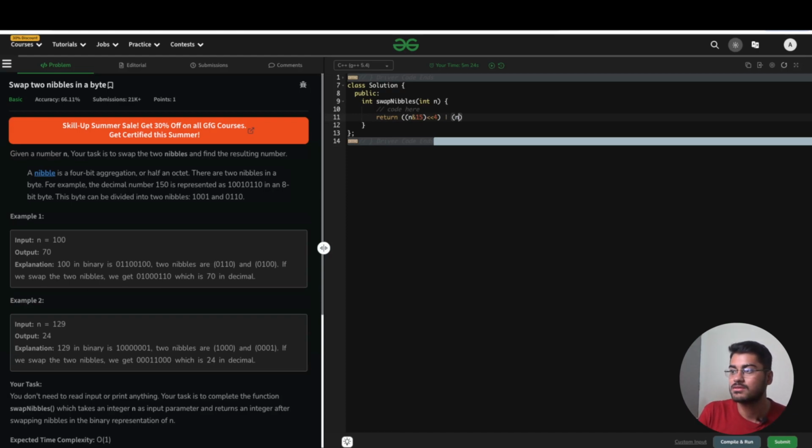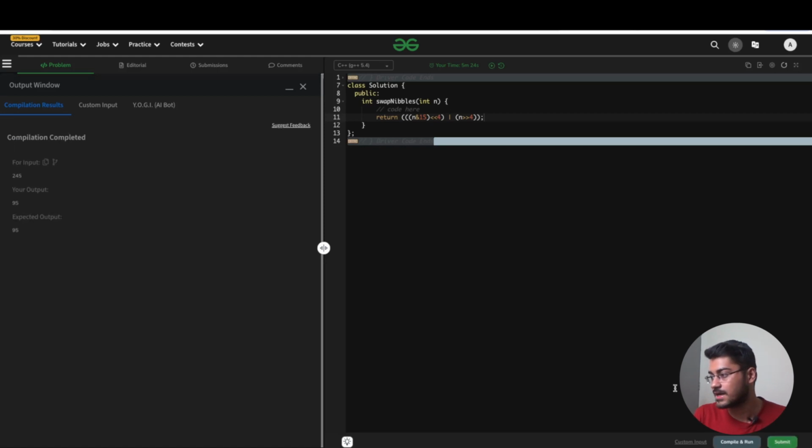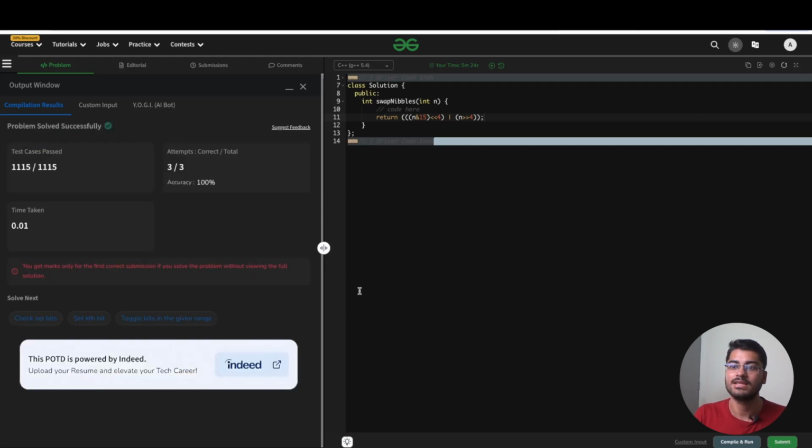Enclose it in parentheses, put a semicolon there, and I think this should work. So the sample test case passed. Let's submit it. And yes, we are getting the answer. Our answer is successful. So this is the simple, single-line approach for solving this problem.